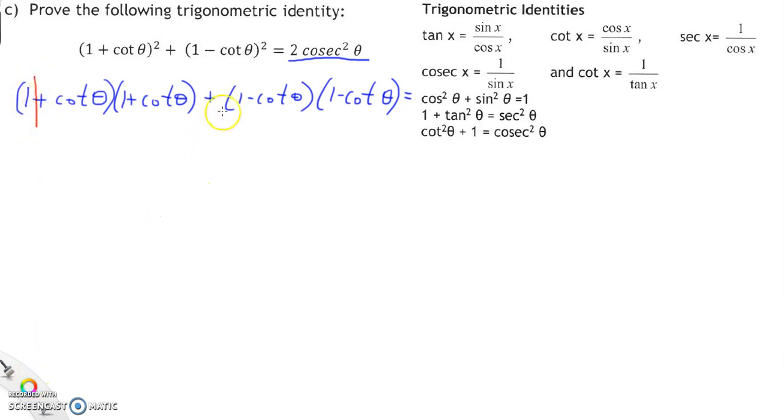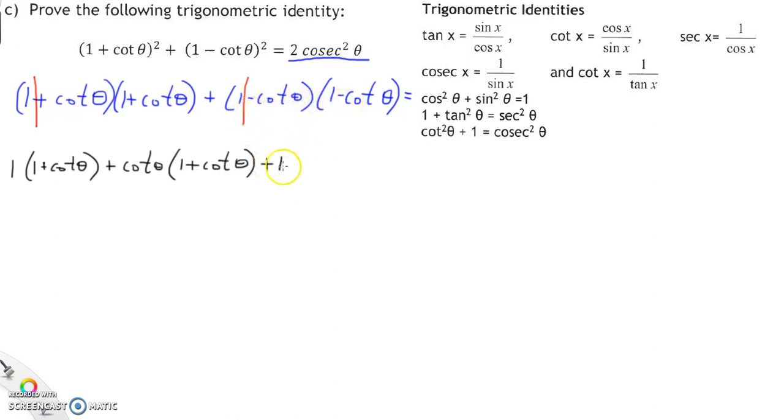put a 1 down there, put a little mark down there, and we'll have a mark down here as well to help us out. This 1 will be multiplied by the whole second bracket, 1 plus cotan theta. And then the second bit, this plus cotan theta, will be multiplied by the entire second bracket again, 1 plus cotan theta, plus a similar pattern here, except we have a slight difference.